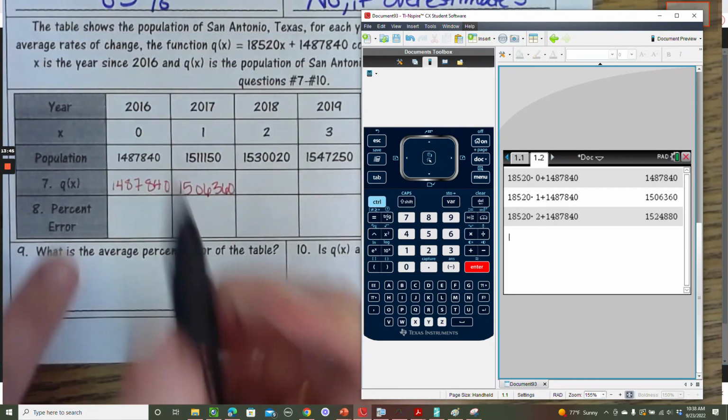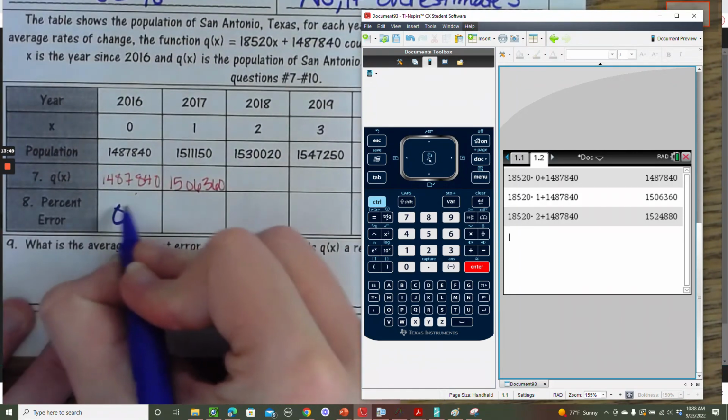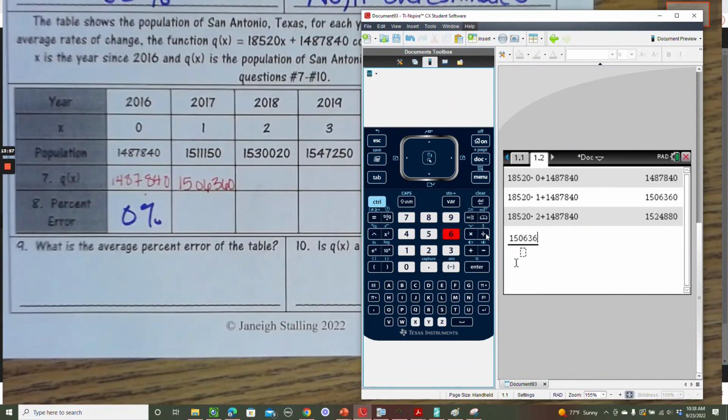All right, if numbers are the same, 0%. So percent error here, 1,506,360. That is a lot of keys to get exactly right. It's really, really easy to mess up here. 1,511,150 over 1,511,150.